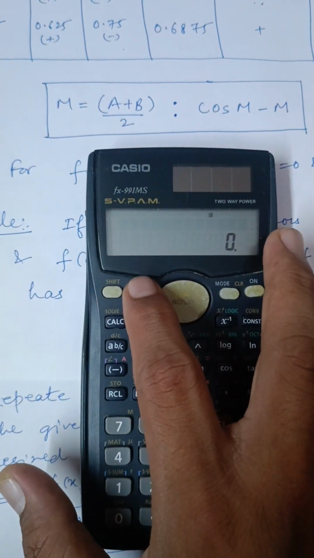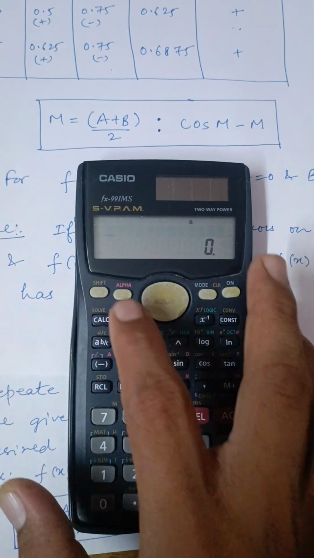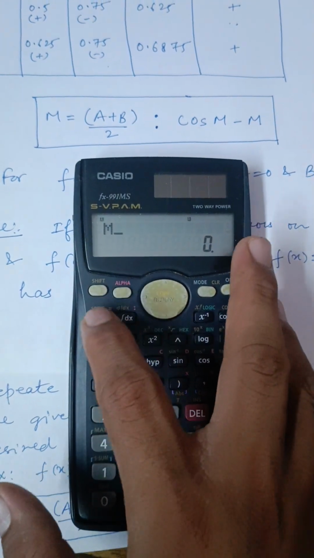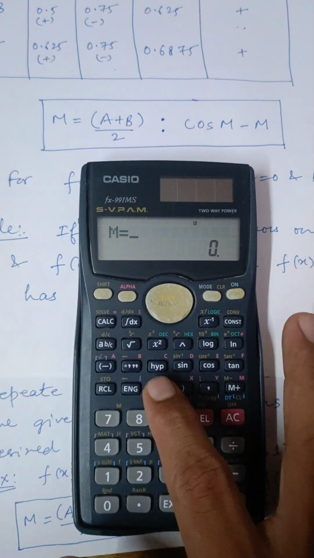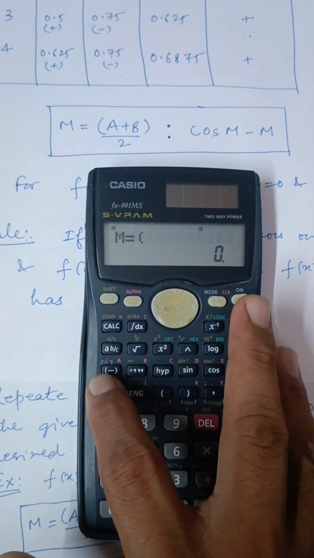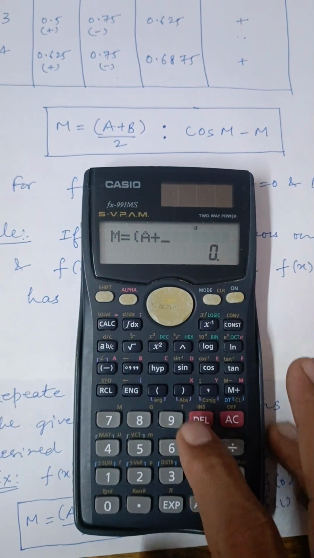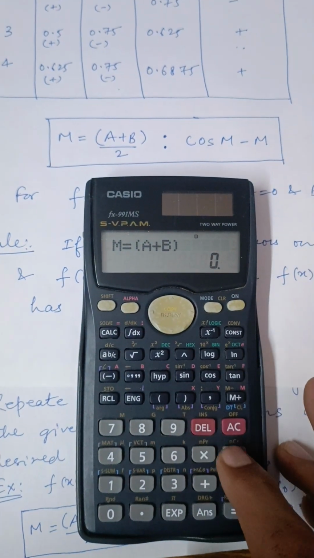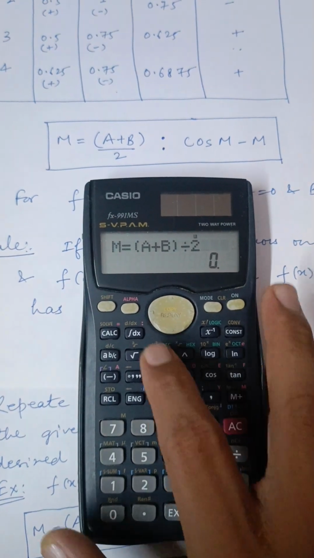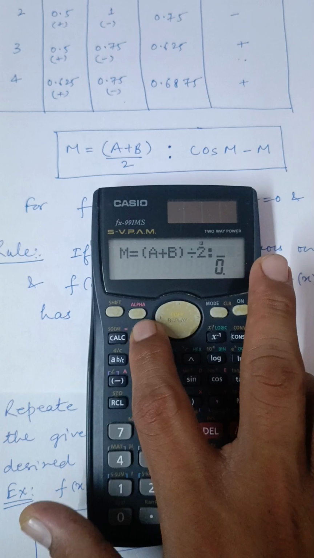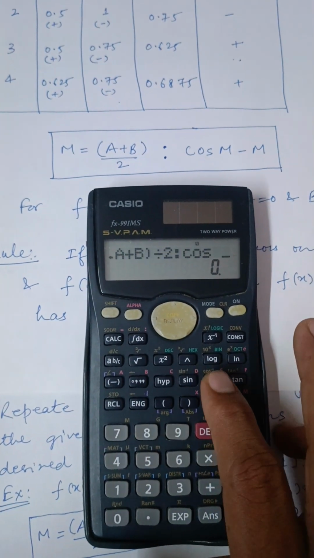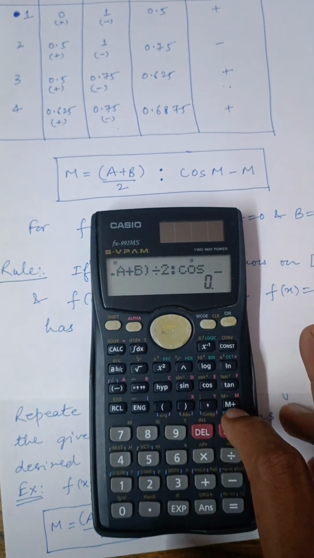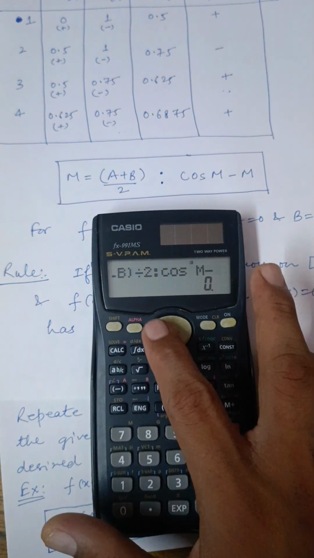You know how to type it, as we have discussed in the previous videos: m equals a plus b, alpha m plus alpha again equal, bracket alpha a plus b, divided by 2, colon, cos m, minus m, right?